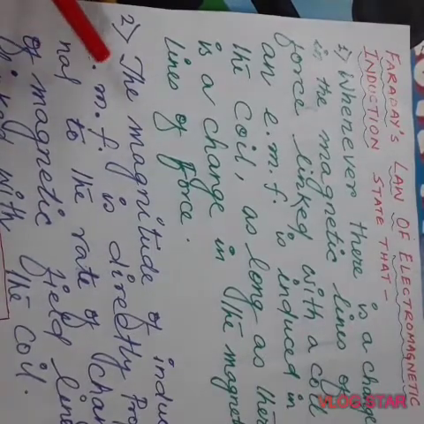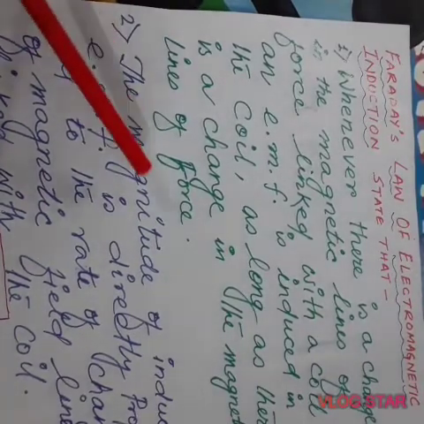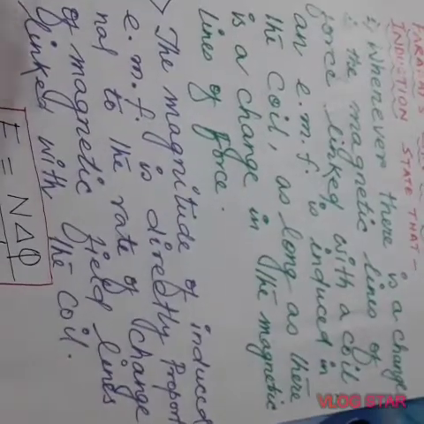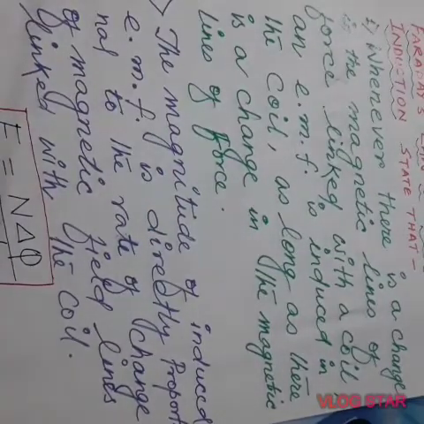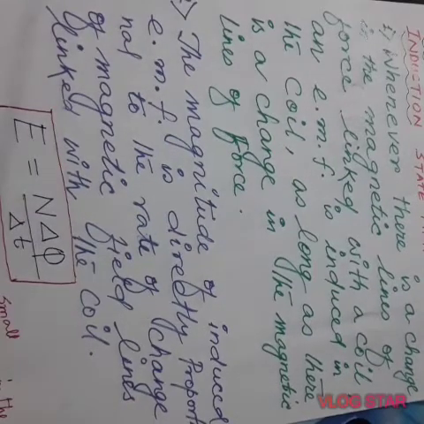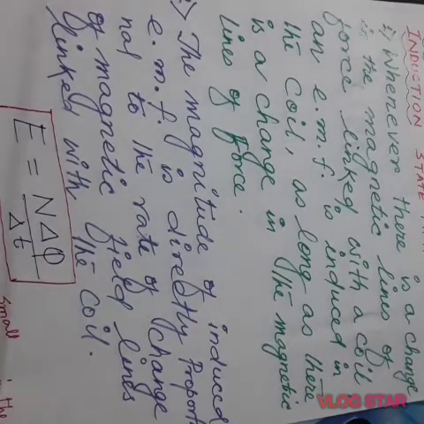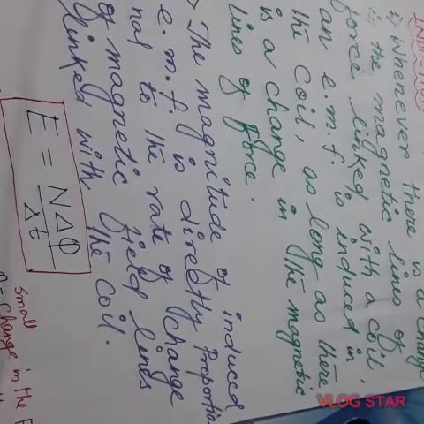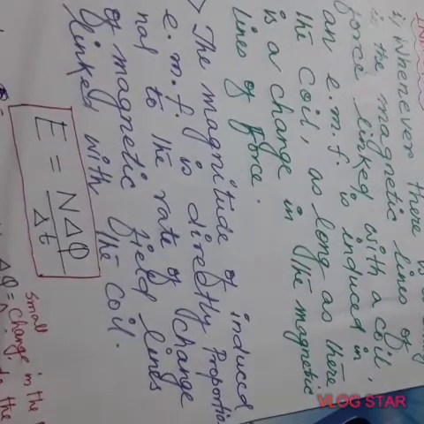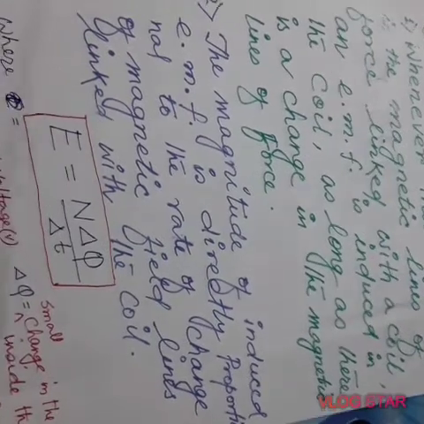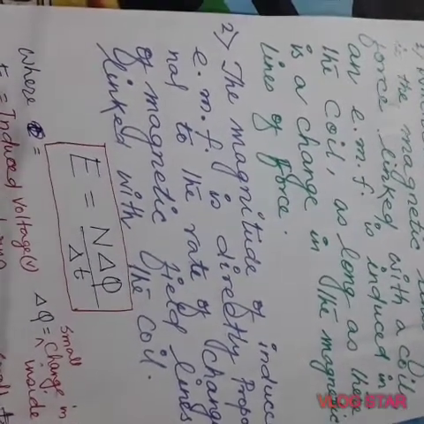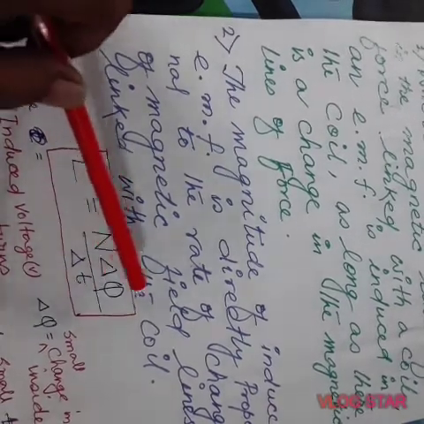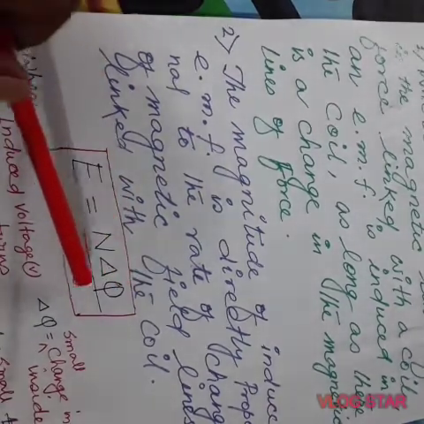The second law states that the magnitude of induced EMF is directly proportional to the rate of change of magnetic field linked with the coil. That means E equals N delta phi by delta t.